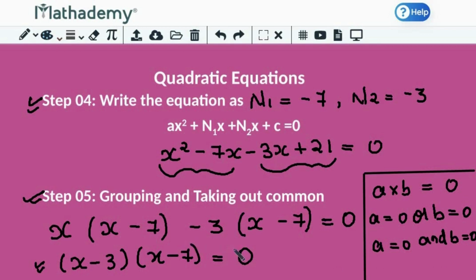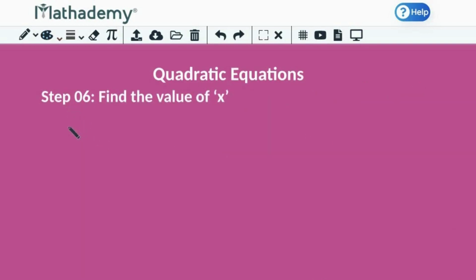What I am going to do is, I'm going to assign this 0 to both the brackets and hence find the value of x. So over here in step number 6, I'll write the brackets once again. So my brackets were x minus 3 and x minus 7, both of them equals to 0. So as I told you, I'm going to assign this 0 to both the brackets.